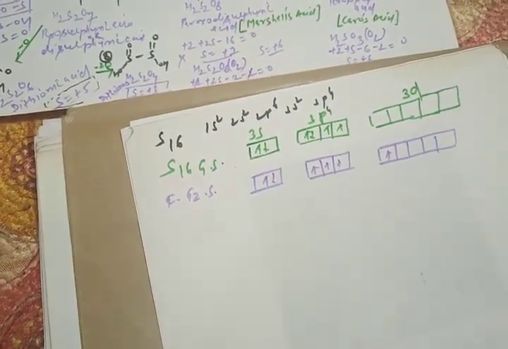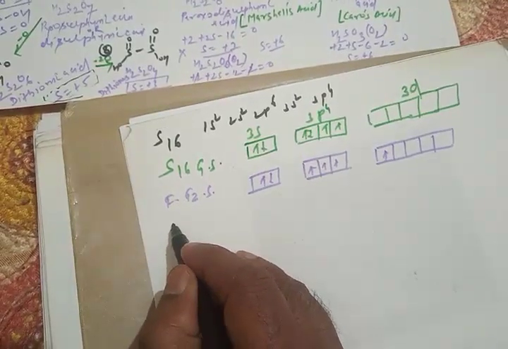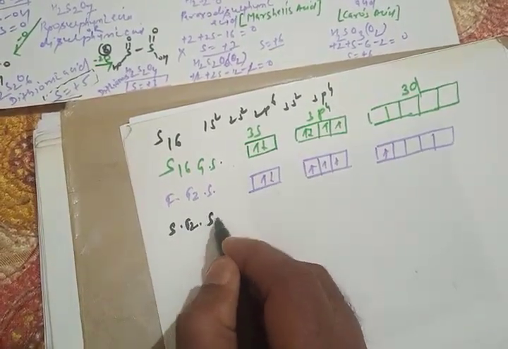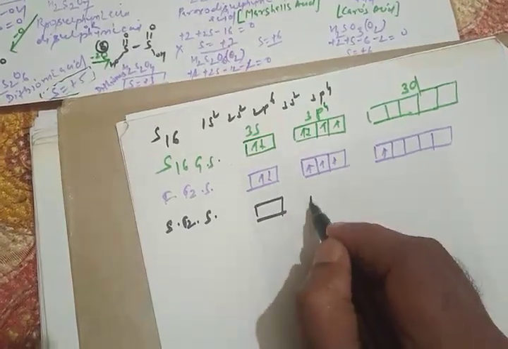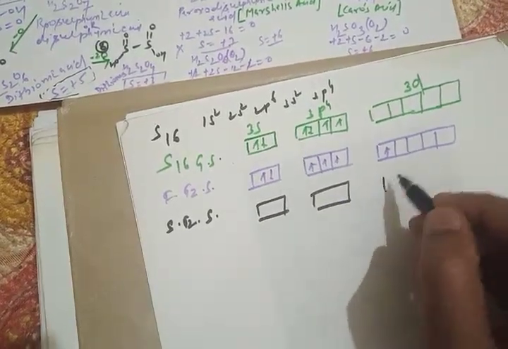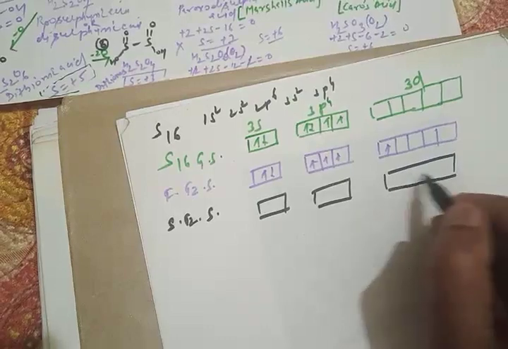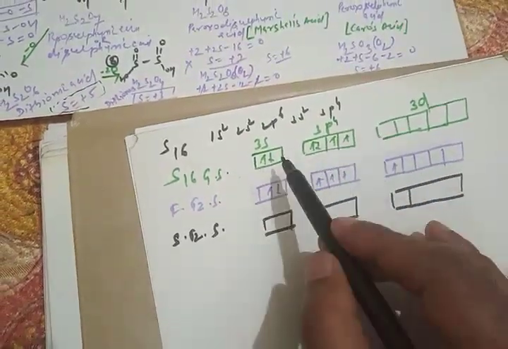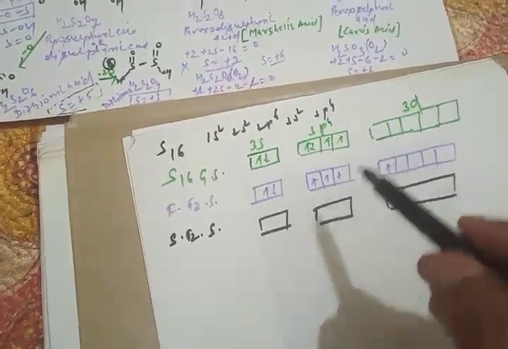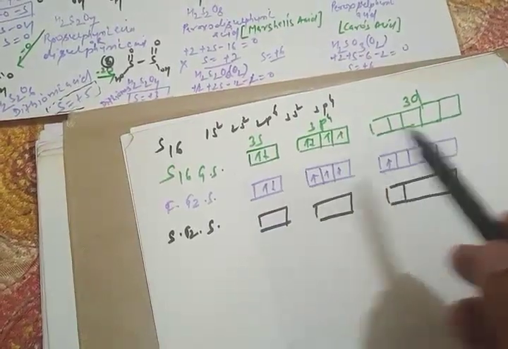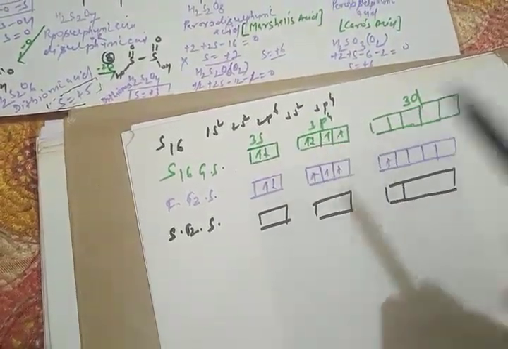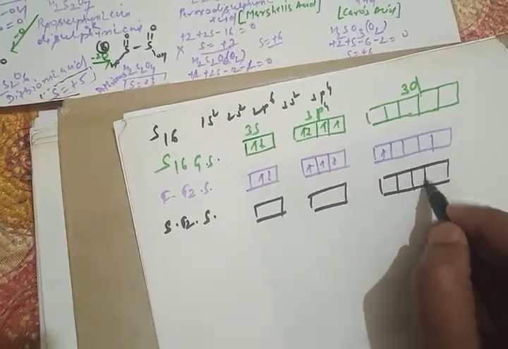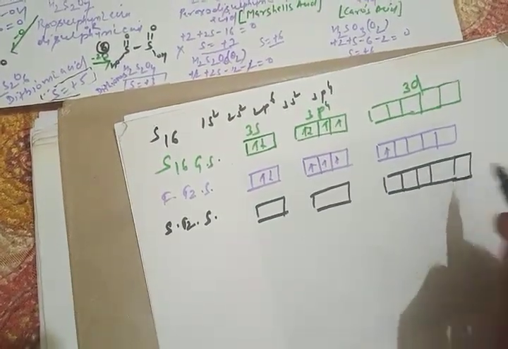Then the second excited state. What will happen in this case? Because they are all in the same energy level, the third energy level, the electronic excitation can take place very easily.